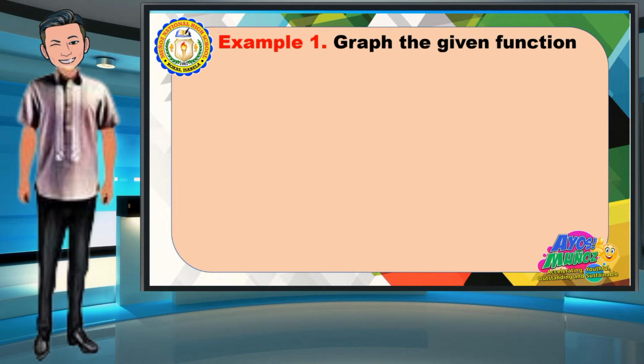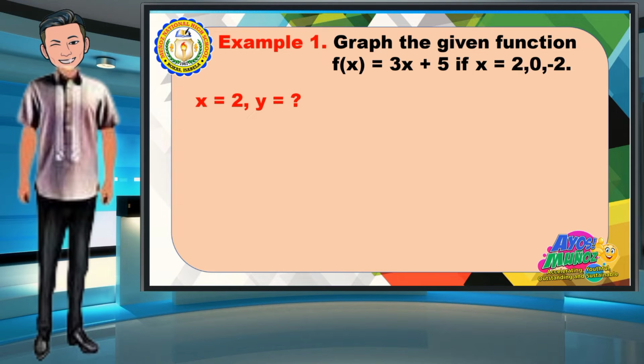Let's have an example on how to graph a linear function. Example number 1. Graph the given function f of x equals 3x plus 5 if x equals 2, 0, and negative 2. What is the value of y if the value of x equals 2?